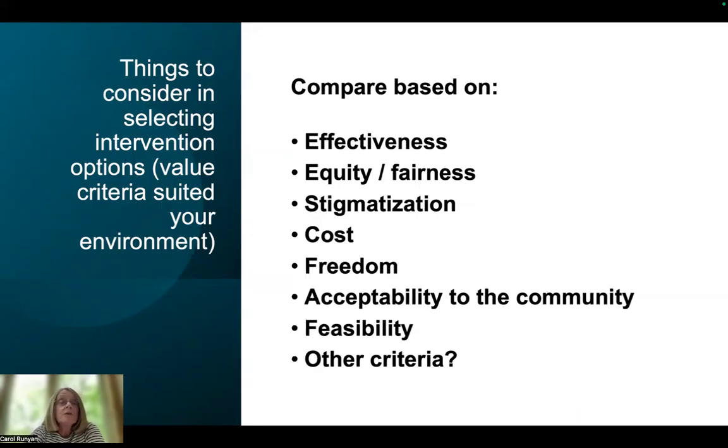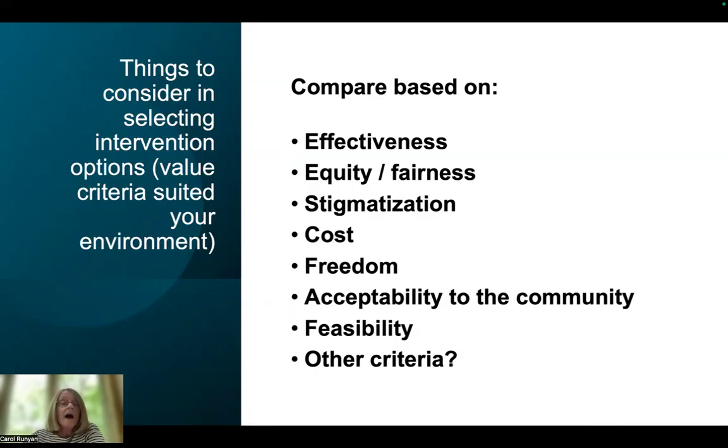So you need to think about the environment in which you're working and what values really will adhere. That's where your discussions with local stakeholders are really important, because they can help you sort that out. So the first step in using the third dimension is to clarify what your values are that you're going to apply in your decision making.